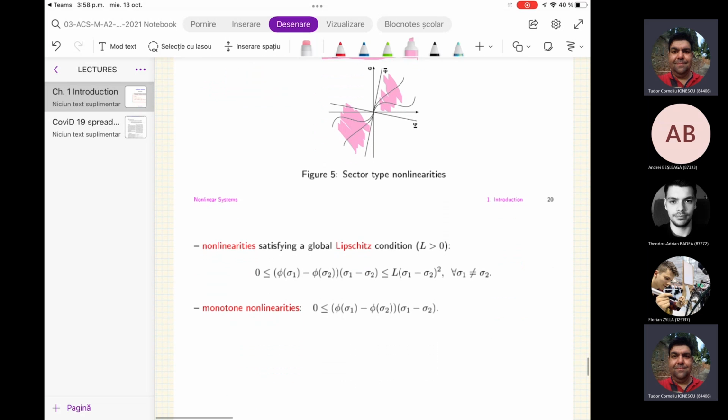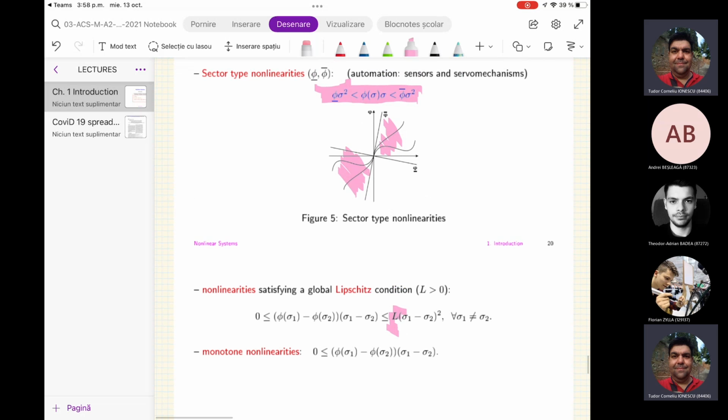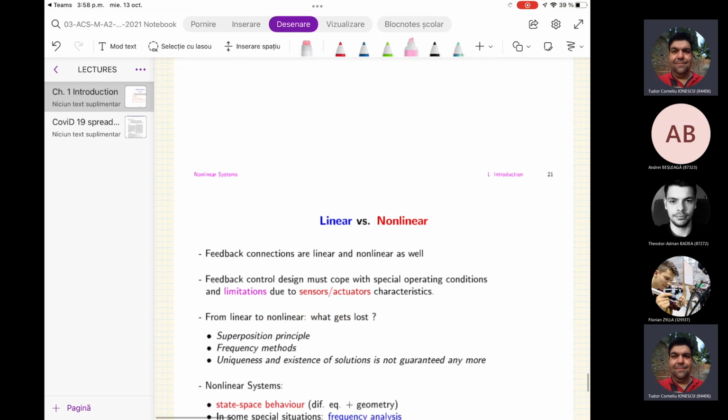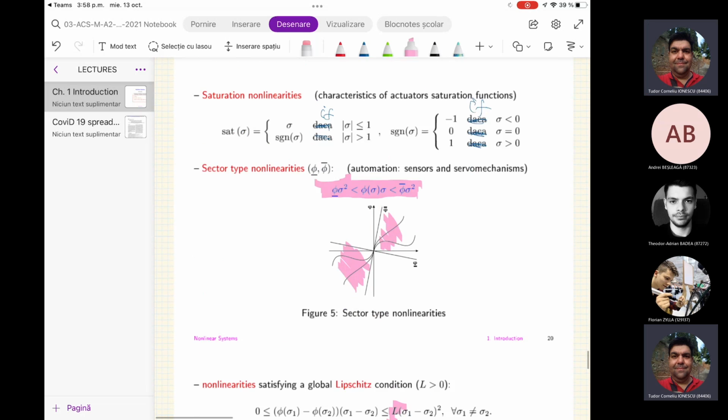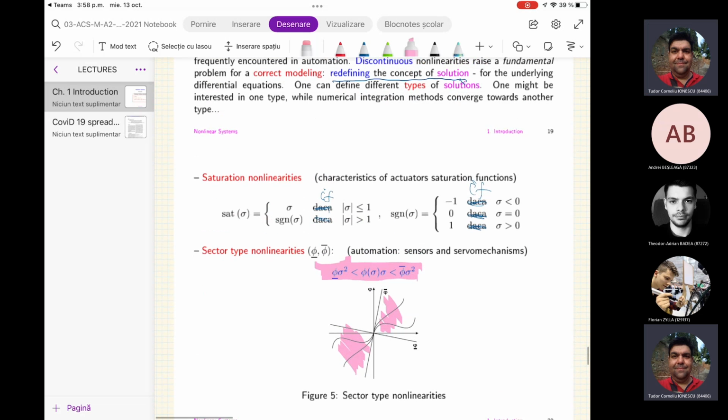Then we have nonlinearities satisfying a Lipschitz condition, with a Lipschitz constant. You must have heard about this. And you can also have monotone nonlinearities such as this one. So these are essential nonlinearities which are crucial.